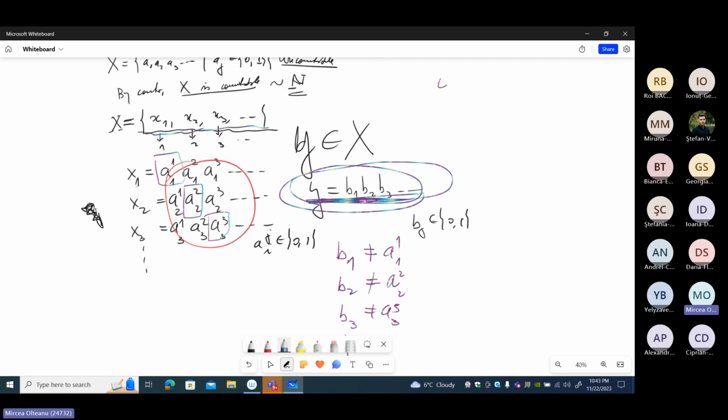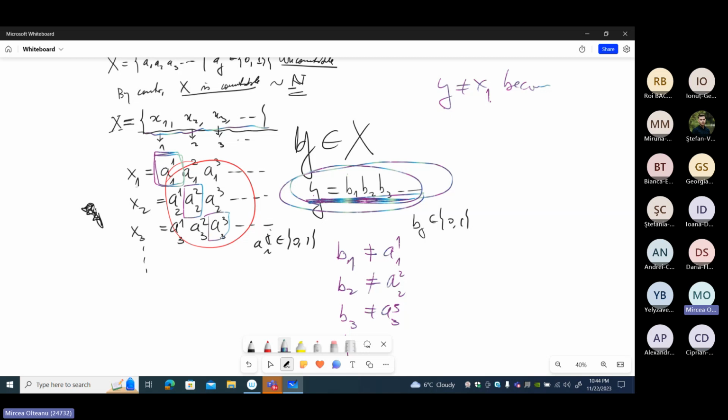Well, it cannot be X1. Why? Because Y and X1 are different where? At what position? On the first position. Exactly.